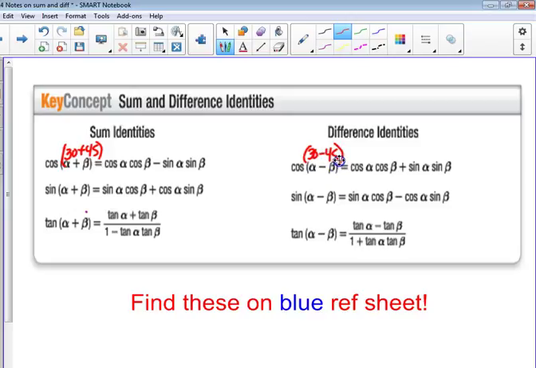If you want to call it negative 45, then you have to use A plus B, because you're saying it's like plus negative 45. So just use the right formula. If it's a minus, use the difference. If it's a plus, use this one. Does that make sense? All right.